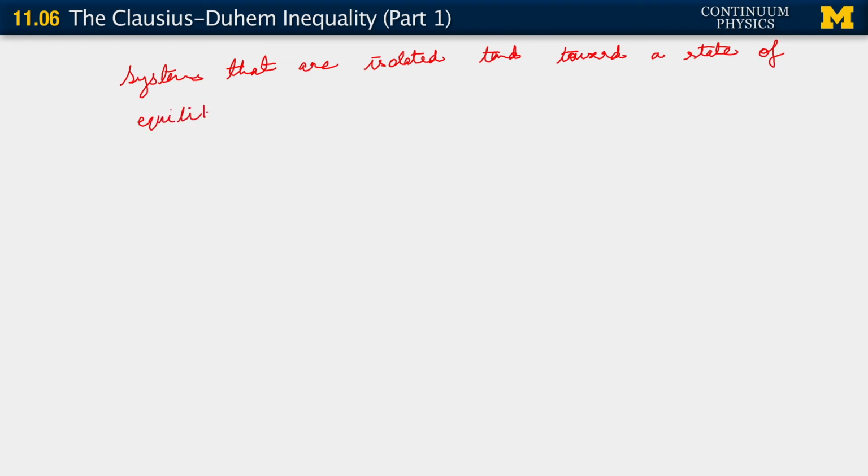So this tells us that systems that are isolated tend toward a state of equilibrium at minimum free energy.